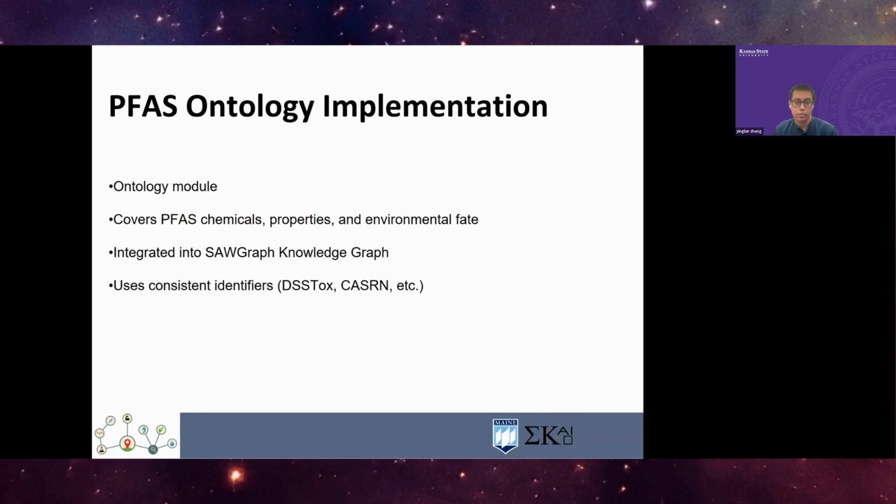It provides a formal representation of PFAS chemicals and connects them to their physicochemical and environmental fate properties. We use consistent identifiers, including DSSTox IDs and CAS registry numbers to ensure clear and reliable linking across multiple data sources.